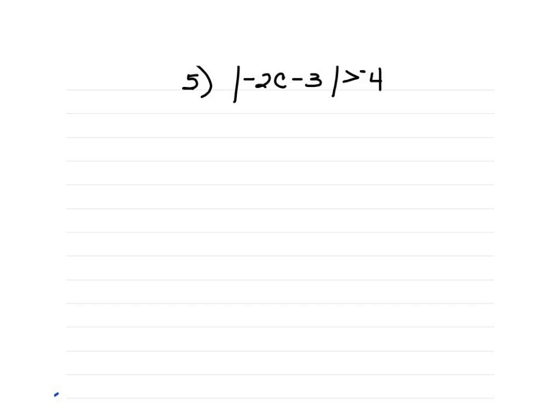So it's only when you have a less than a negative number that it's a no solution. In this case, we can solve. Okay, so we'll look at the positive and the negative cases.